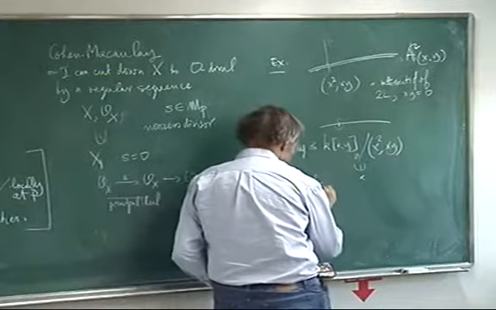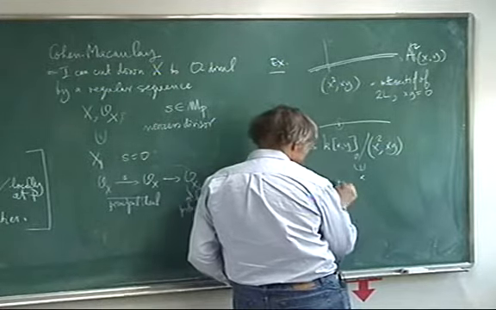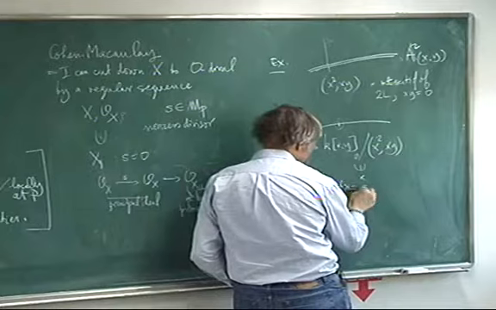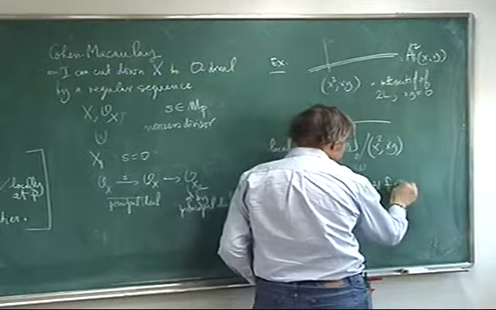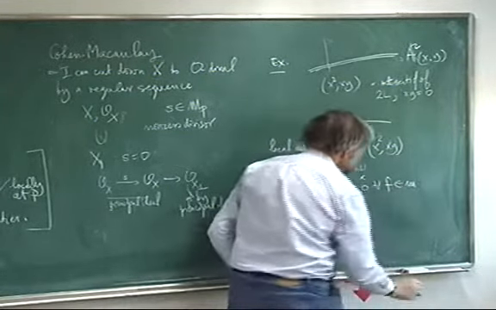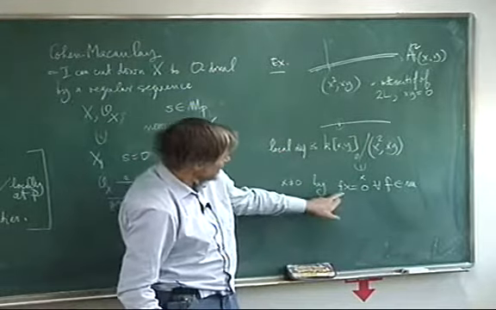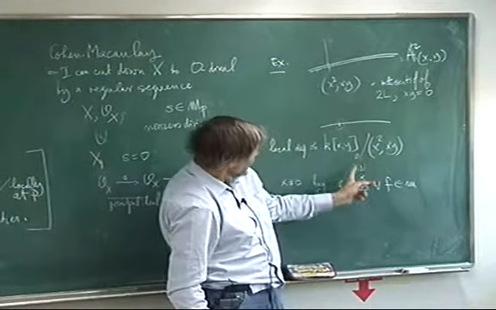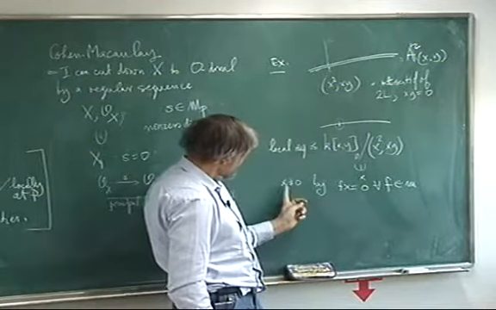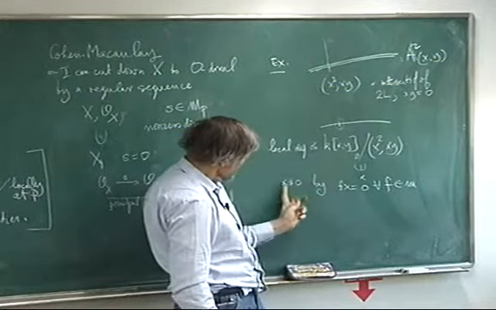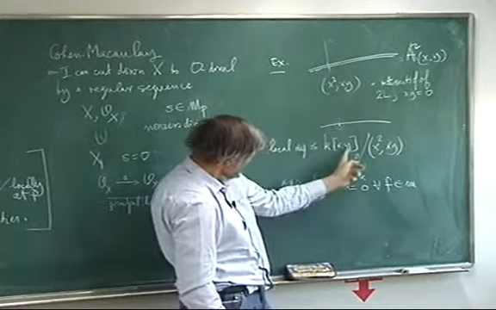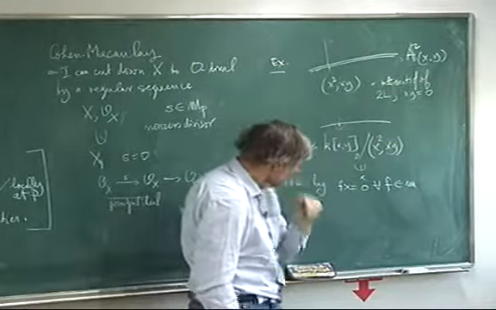But f times x equals 0 for all f in the maximal ideal. Because anything in the maximal ideal is a combination of x and y, and if I multiply x by x, I get x squared, which is in the ideal, and if I multiply by y, I get xy, which is in the ideal.